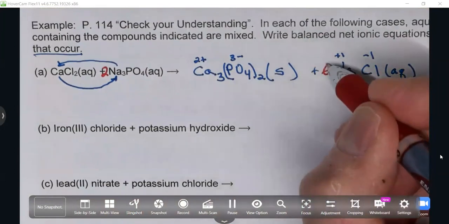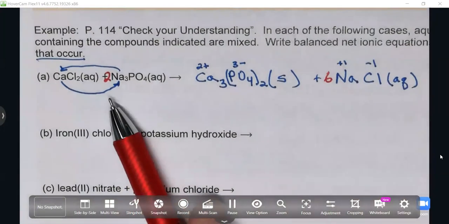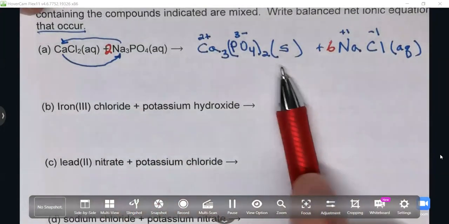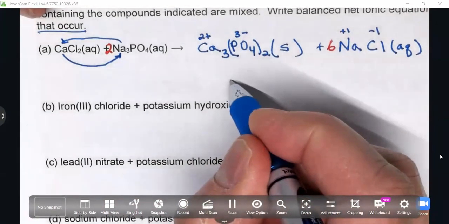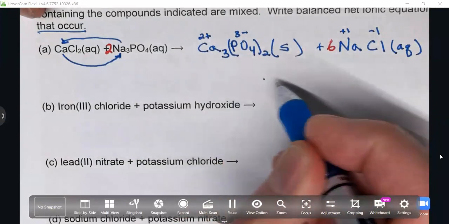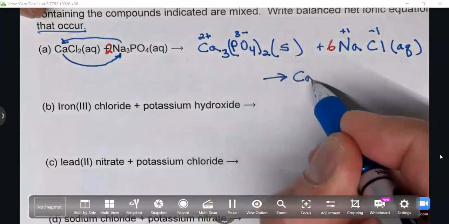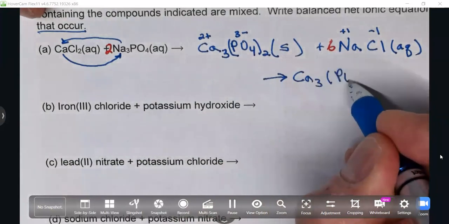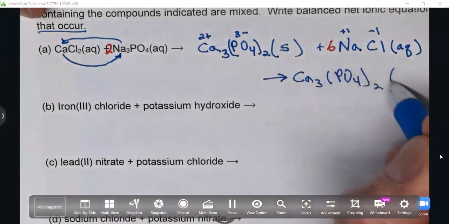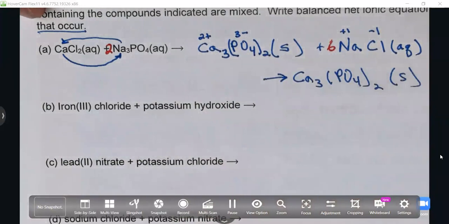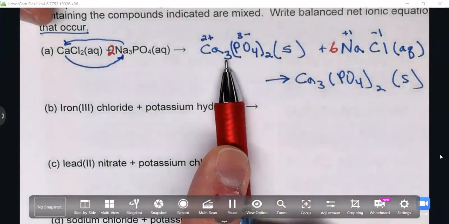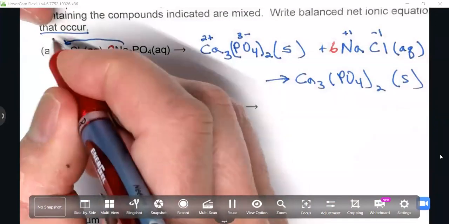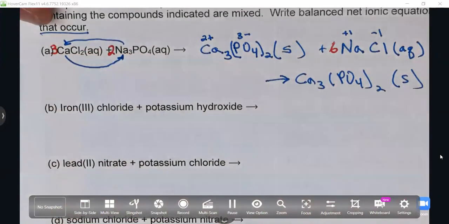Now, can we decipher what the net ionic is going to be out of this without doing a complete ionic? So we know that we are going to get calcium phosphate over here. Oops, I have to finish balancing that, don't I? 3 calciums there.